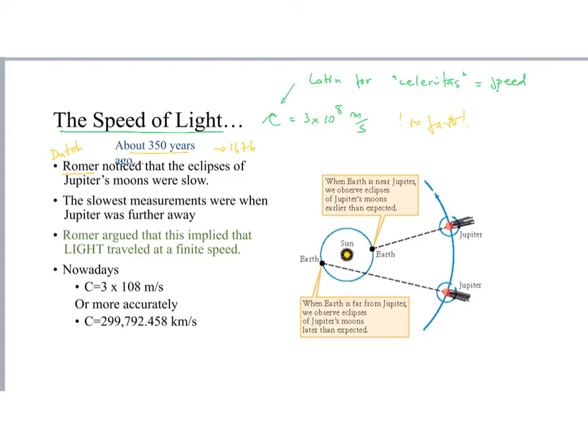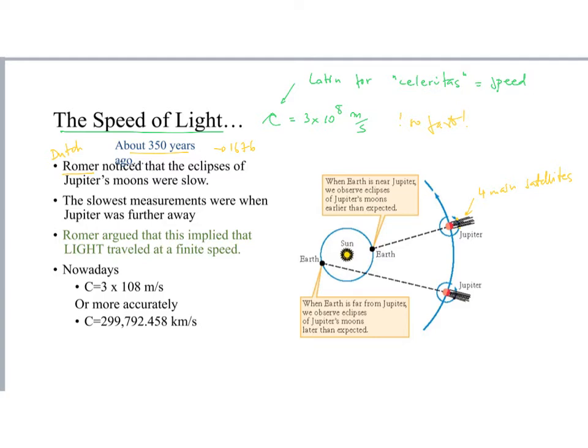All right, so here's what Romer noticed. He was looking at the 4 big main satellites of Jupiter. I think I mentioned them in one of the previous lectures. And he actually measured how long it takes for 1 or 2 or all 4 of them.